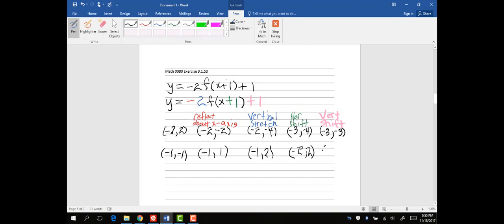And then to do a vertical shift 1 unit up, I add 1 to the y value of this point. So the final point that takes into account every piece of the transformation is the point (-2, 3).